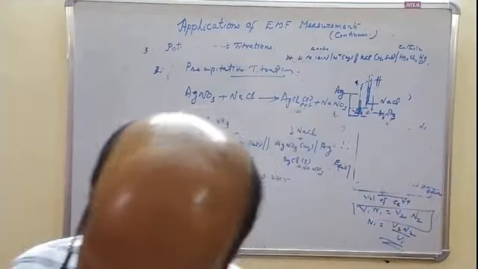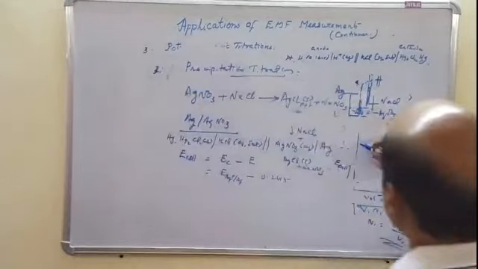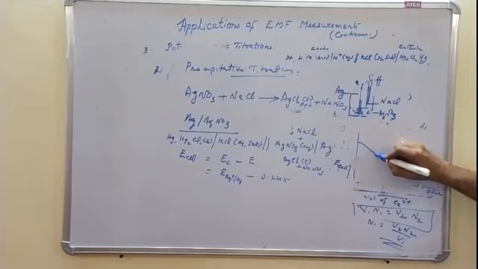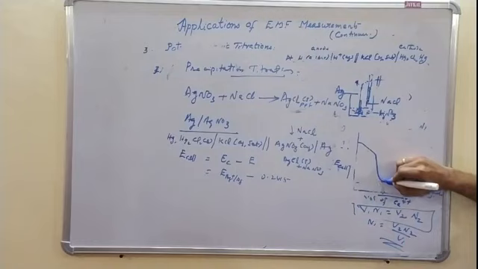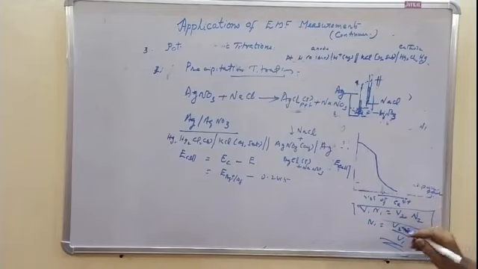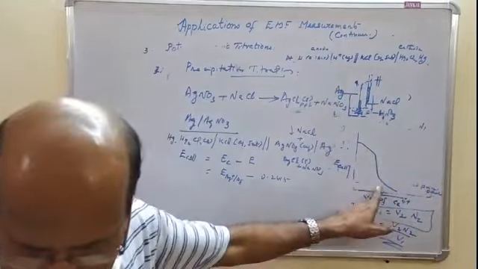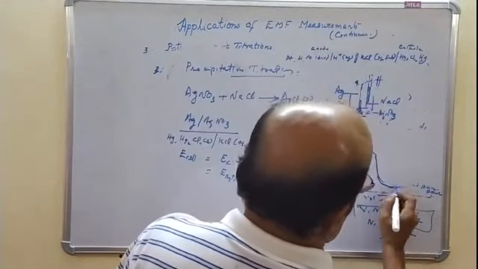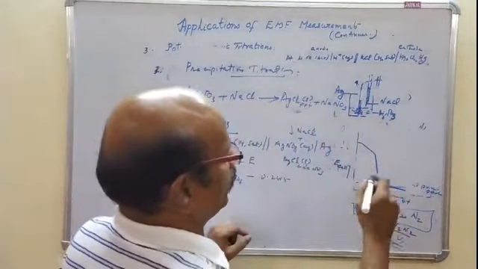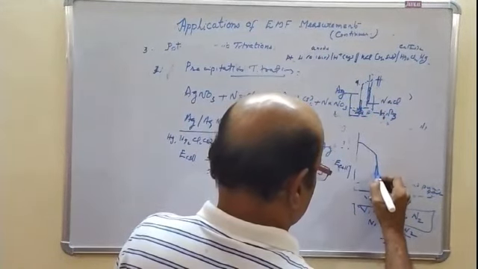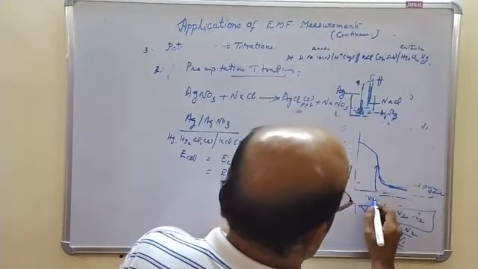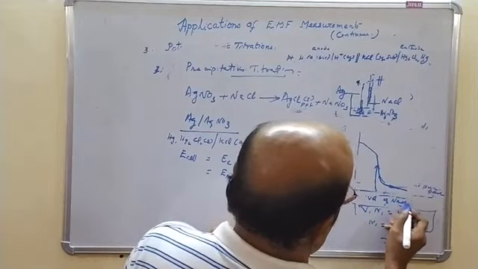Finally, by a small addition of NaCl, there is a sudden decrease, and it goes on like this. This is the changing potential.